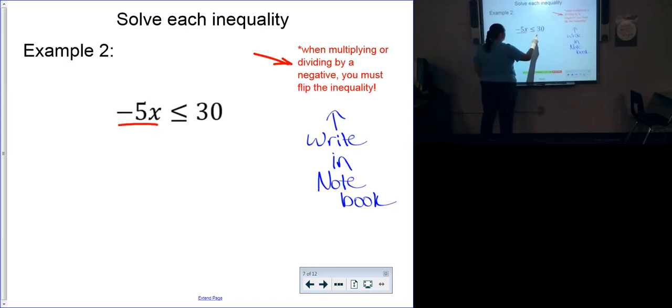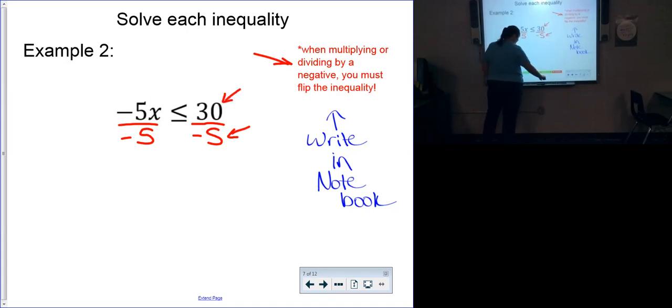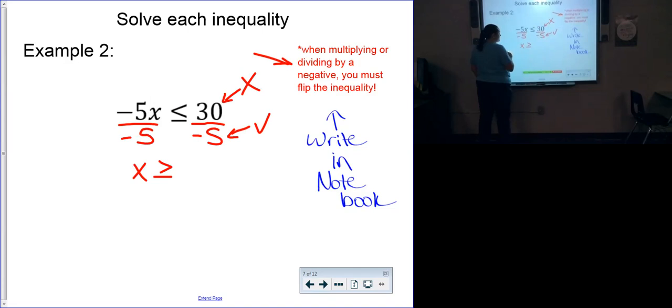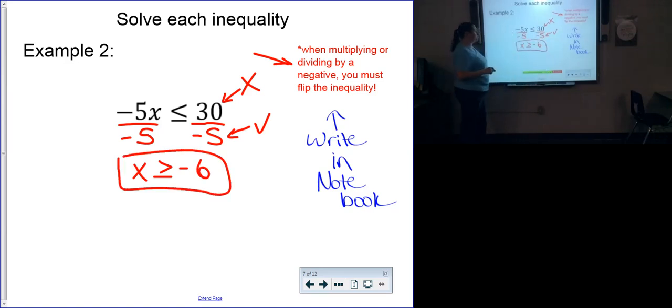Whenever I divide by the bottom number, and this number right here is negative, not this number, this number, yes, that's going to flip my inequality sign, and then I'm going to have whatever I get here, 30 divided by 5, negative 6. And that's my final answer.